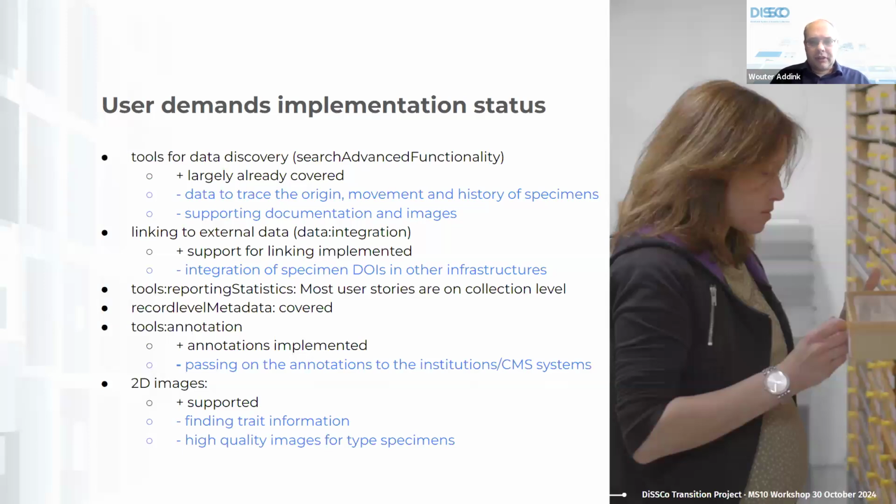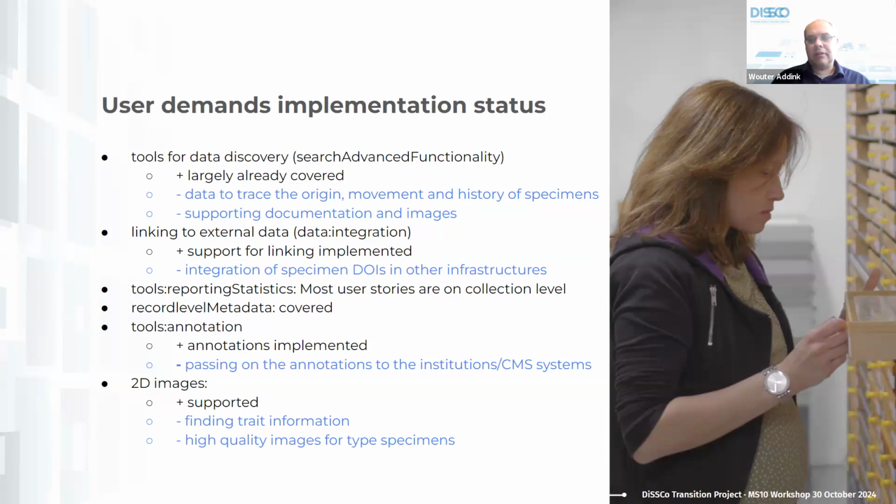If you look at tools for data discovery and advanced search functionality, most of these user stories are already covered with the search and filtering options that Sam showed. There was not much demand for advanced search in terms of SPARQL queries, semantic data discovery, or use of chatbots, bots or AI.